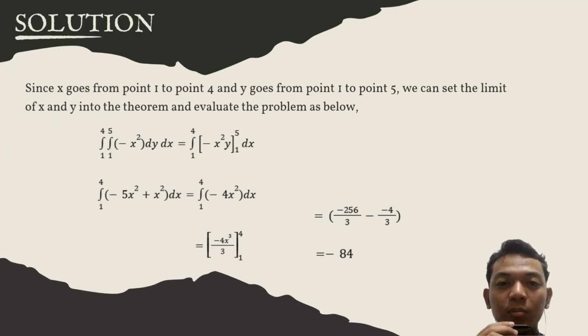Since x goes from 1 to 4 and y goes from 1 to 5, we can set the limits of x and y into the theorem and evaluate it as below. First we will integrate with respect to y, and then substitute the limits from 1 to 5, and then we will get the integral of -4x squared from 1 to 4, and then we will integrate with respect to x.